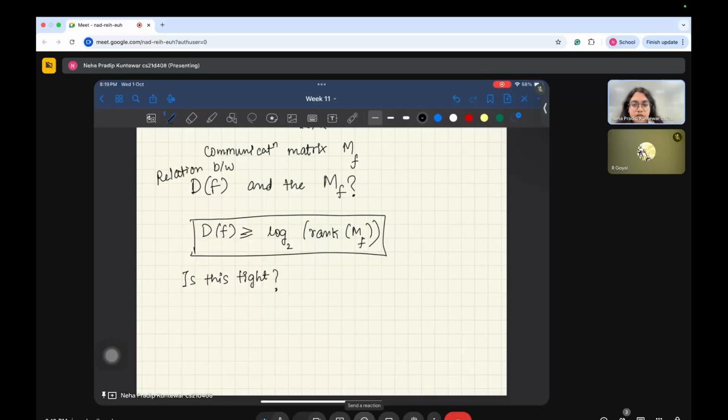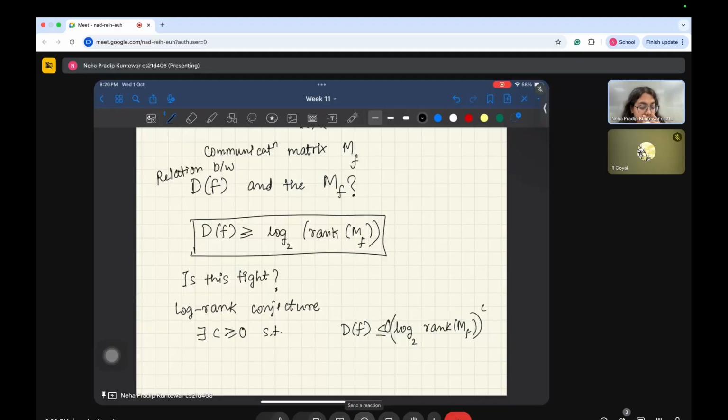The answer is we don't know yet, but the popular conjecture, called the log-rank conjecture, is that there exists some constant c such that D of f is at most log of rank of M_f, to the power c. It could be square, cube, or something, but some constant c.